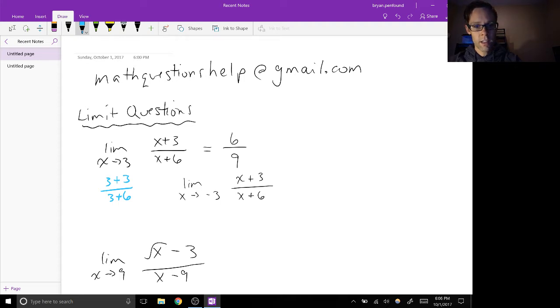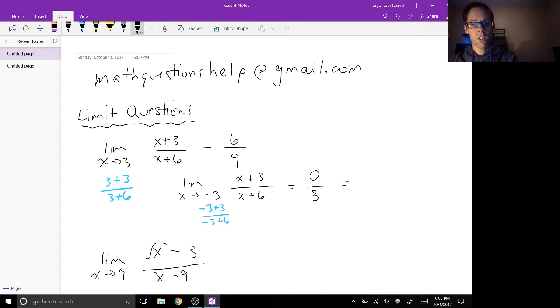In this case, I'll get -3 plus 3 in the numerator and -3 plus 6 in the denominator. So is direct substitution going to be okay for this particular limit? Absolutely yes. I'm going to get 0 over 3.